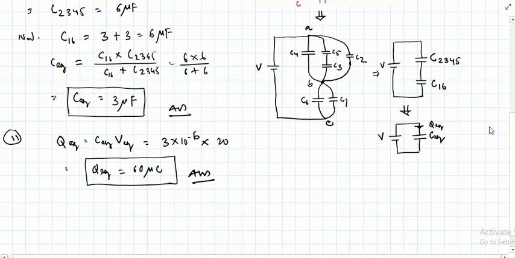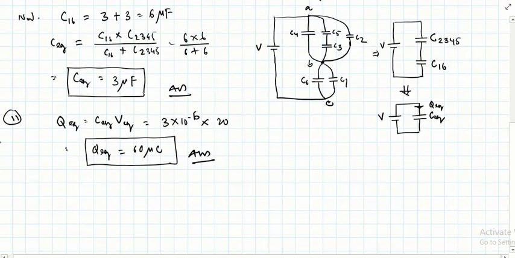Fine. So for doing that, every time I will use the formula Q equal to CV. Now look at this. If I go backward, I could also say this would be my Q equivalent, right?